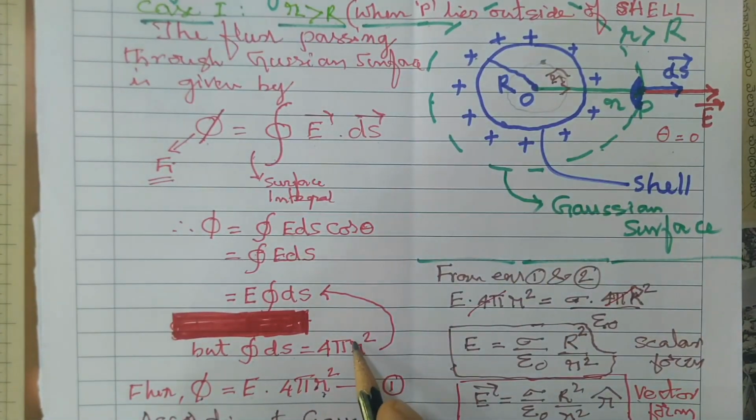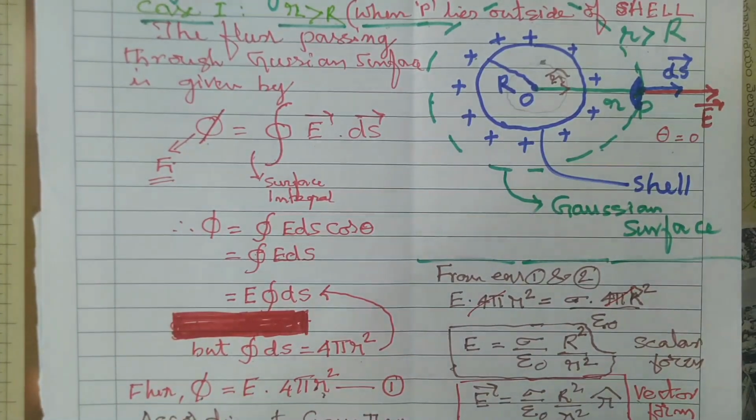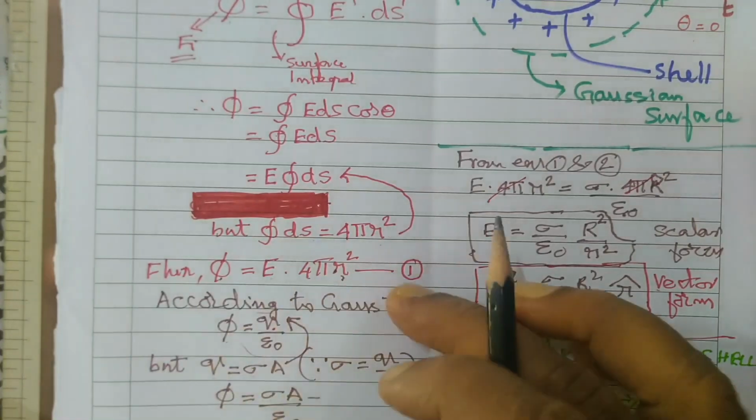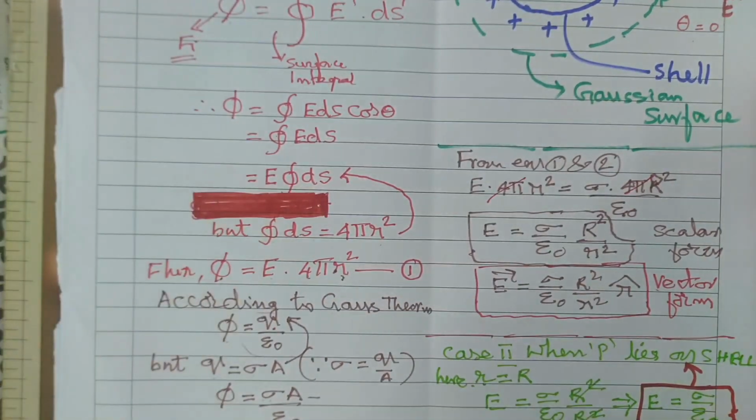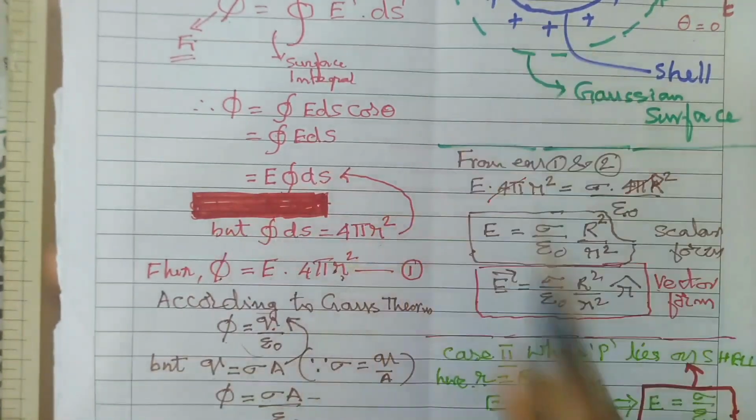The Gaussian surface area we take there, and the area of the spherical shell we take here. After taking this, we get phi is equal to sigma 4 pi R square by epsilon 0. This is according to Gauss theorem, whereas the other one we got from applying the mathematics to this diagram.